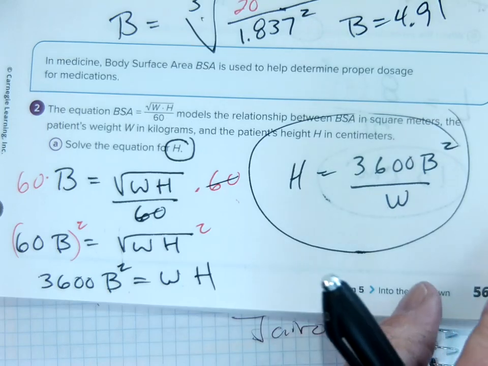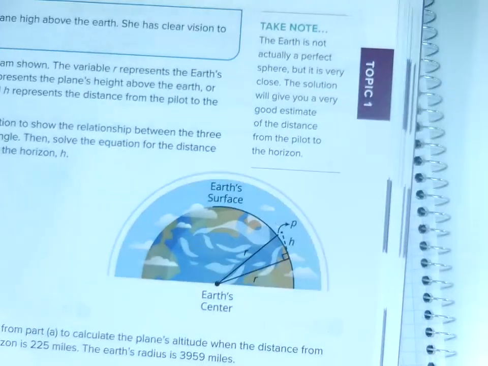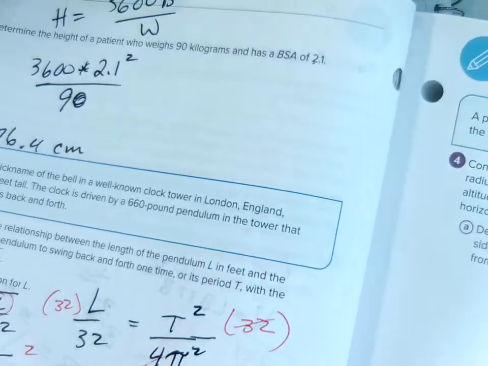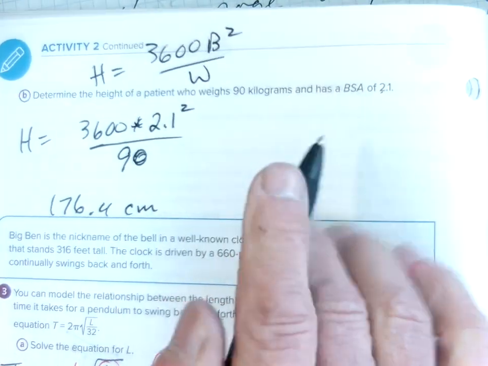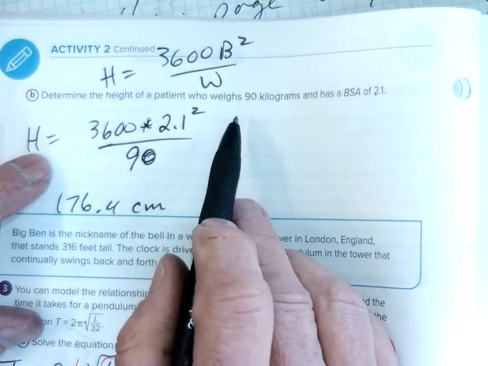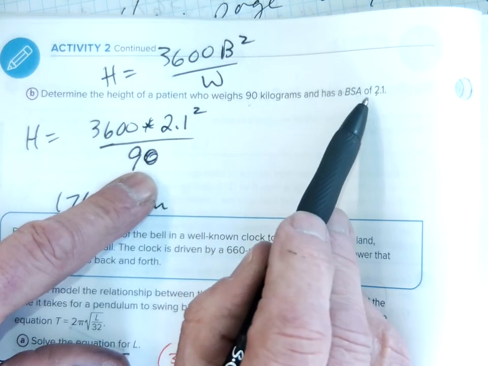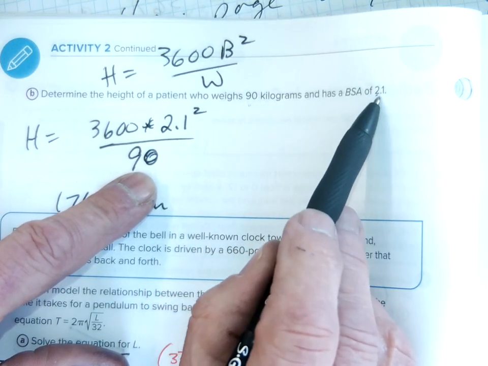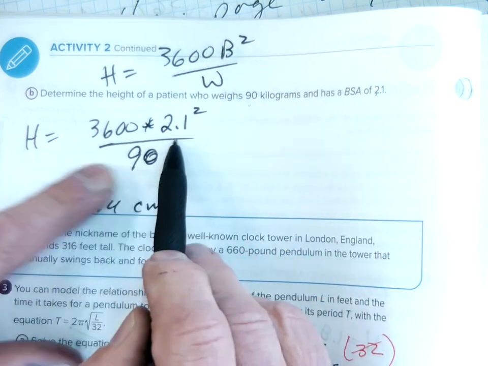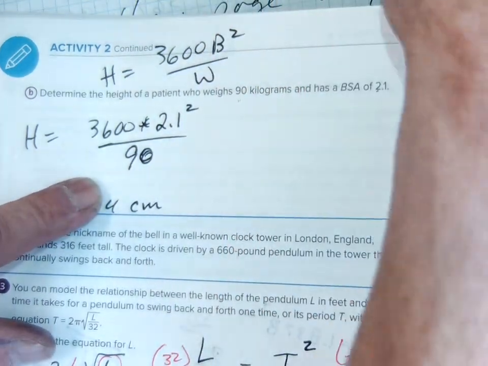So on the next page we're going to use that equation, so I turn the page, and then I rewrote my equation. Here it is, and they tell us, let's use this. So what's the height? A patient has 90 kilograms, that's my weight, put that there, and a body scale of 2.1, so I put the 2.1 for B, and I just used my calculator again to find the height.